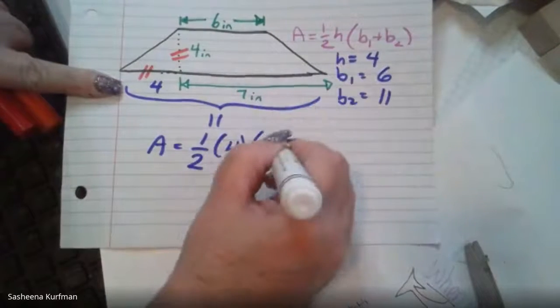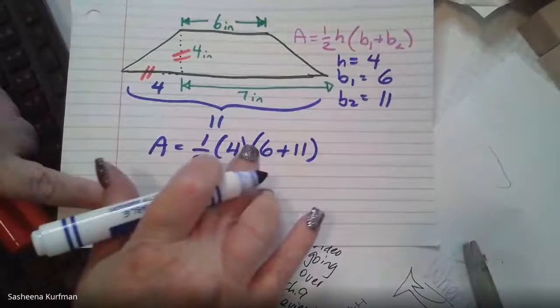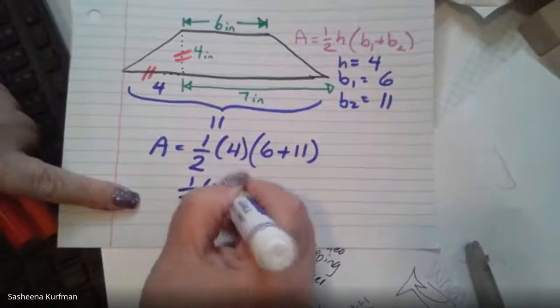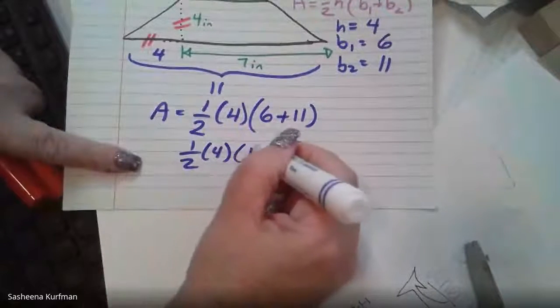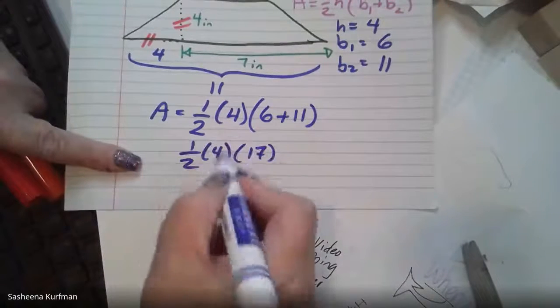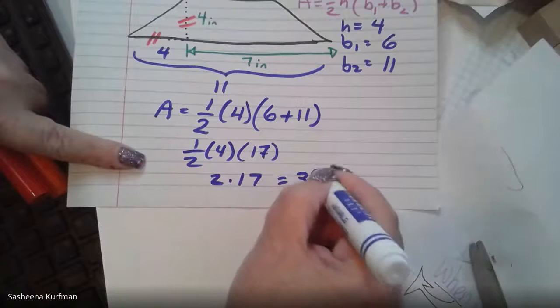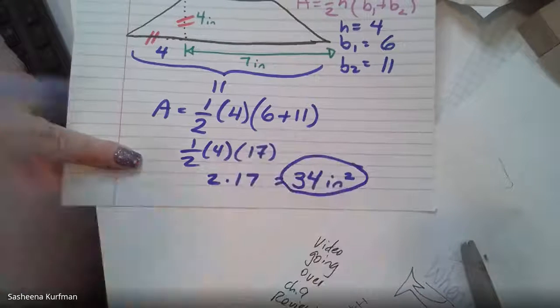The bases are 6 plus 11. First let's add: 6 plus 11 is 17. And then 1/2 of 4 is 2, times 17 is 34, and the units must be squared.